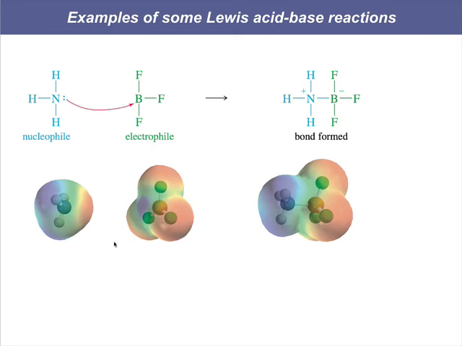Well, if you think about where the electron density is located, the negative portion of NH3, the nitrogen, is going to be attracted to the positive portion of BF3, which is the boron. So these two pieces right here are going to be most attracted to one another, and that's where we get bond formation.